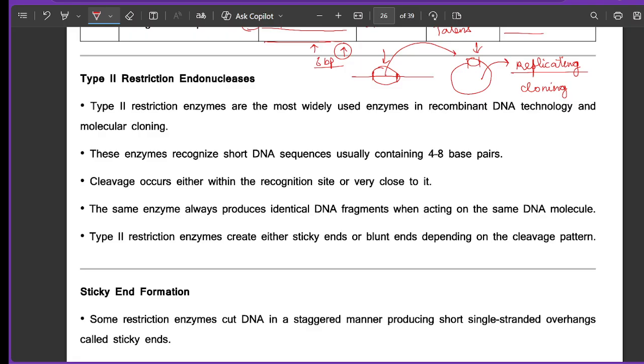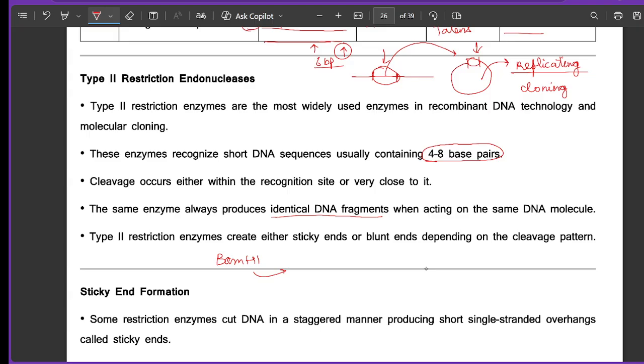So, as I told you, the cleavage in type 2 restriction enzymes occurs very close to the recognition sequence, and generally the recognition sequence is 4 to 8 base pairs. Always remember, suppose I say BamHI, if this BamHI is used on a specific DNA at any point of time, it will always generate the same identical fragments.